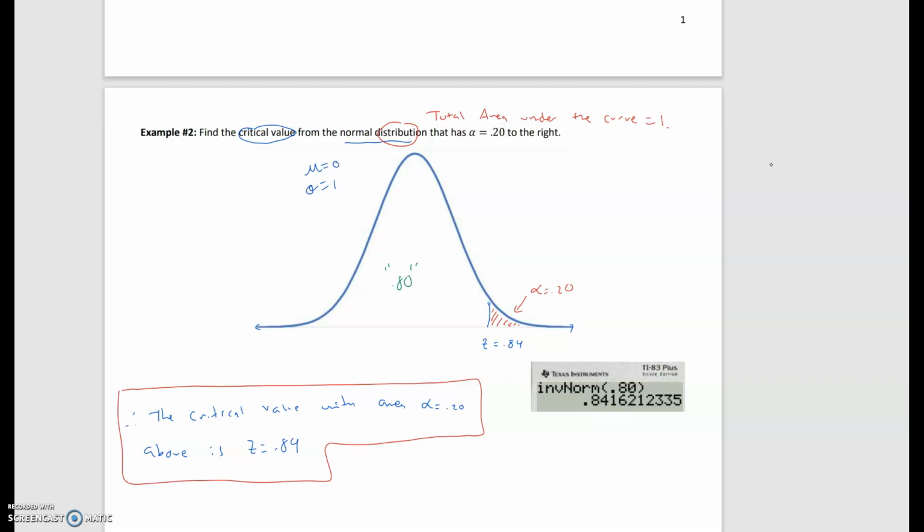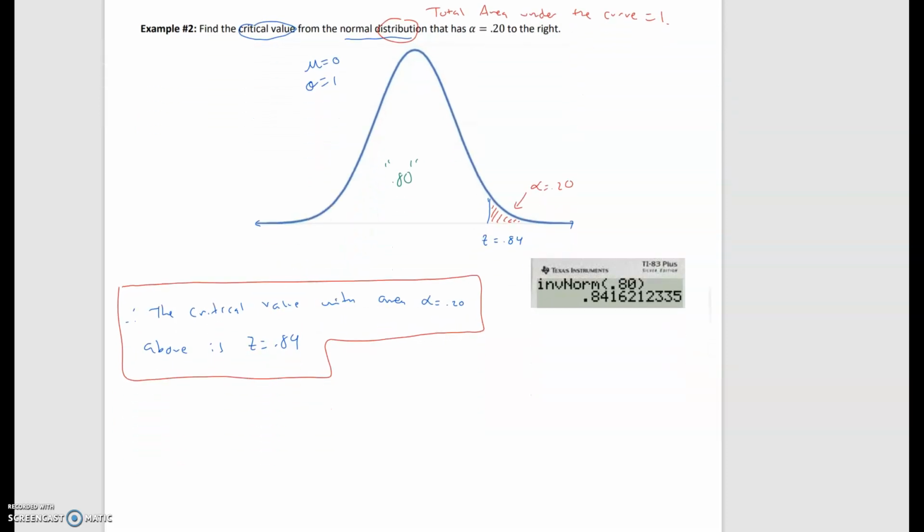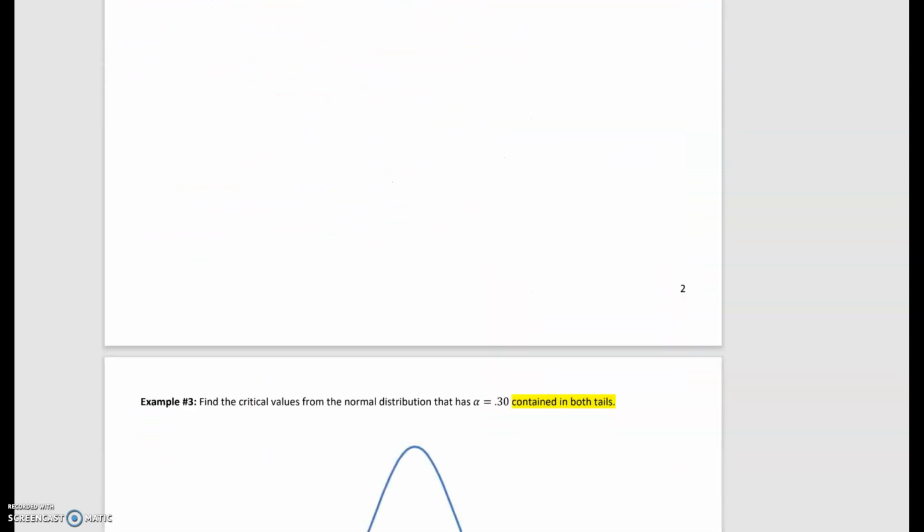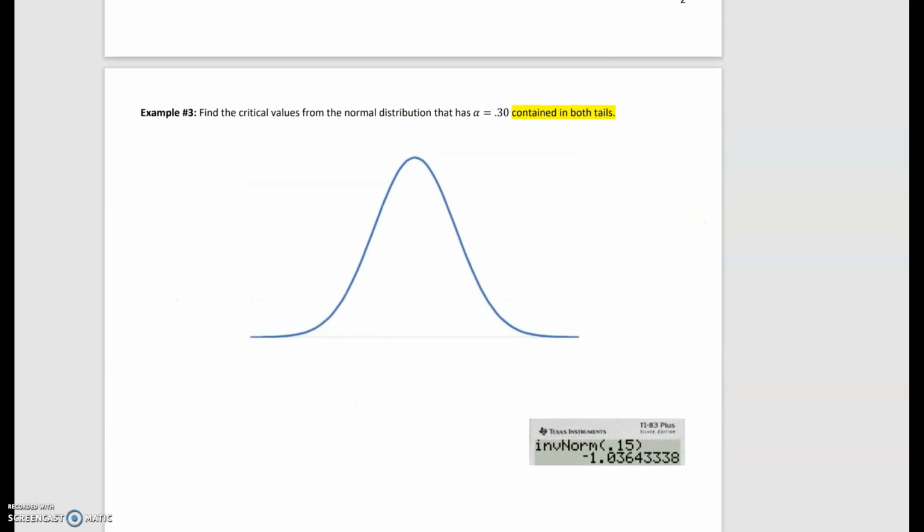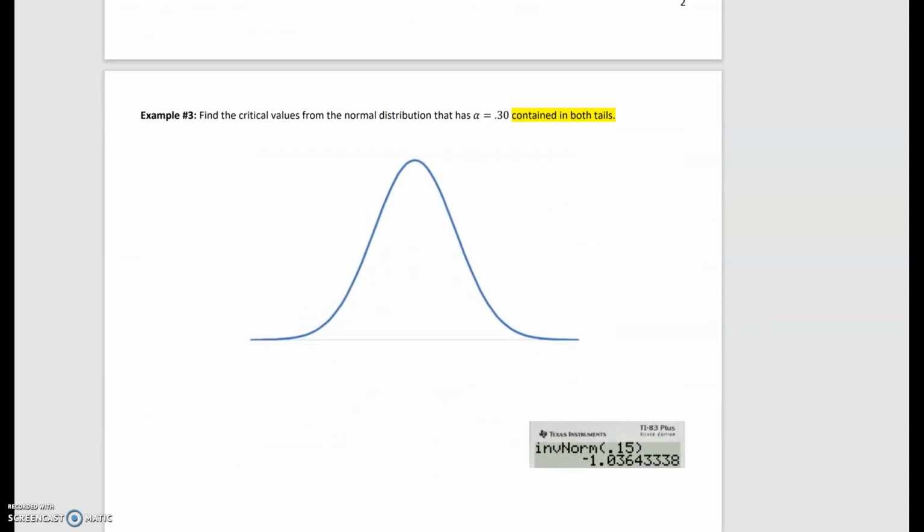Let's move on to example 3, and we do have to be very careful on example 3 because it's stated as follows. They want us to find critical values, and that's because we technically have 2. This will be bell-shaped, and 0.30 is contained on both tails, so that means that alpha divided by 2 is 0.15.